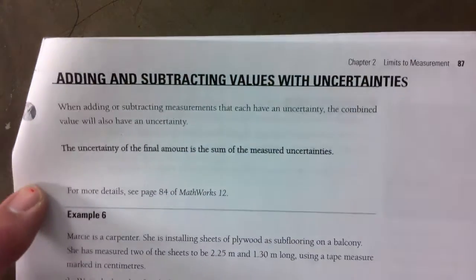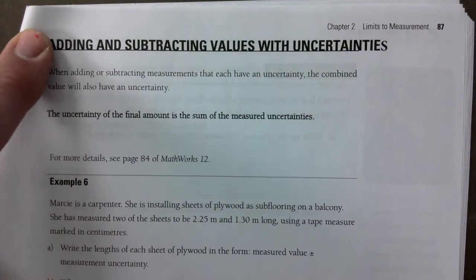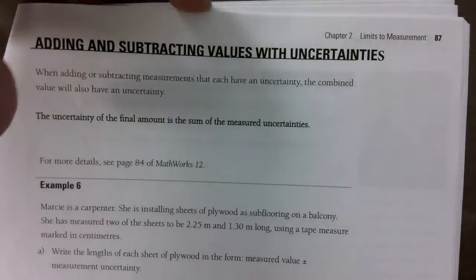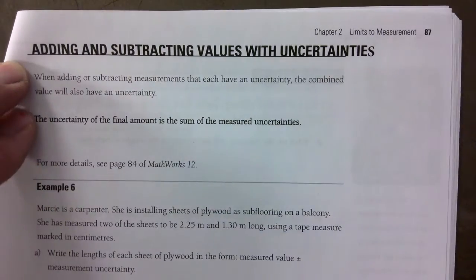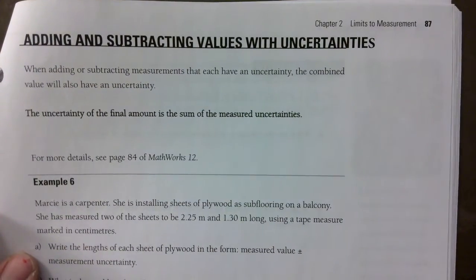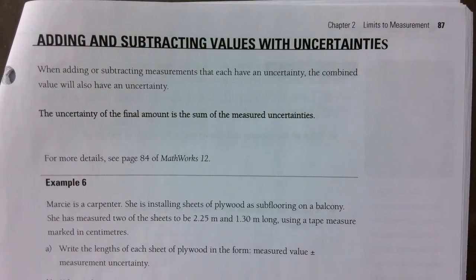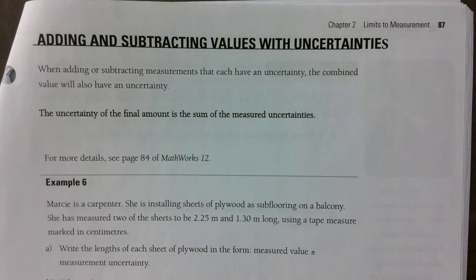All right. Now I need you to go back to your booklets for a bit, because the second page, page 15, you cannot do yet. So I'm going to get you to go to page 87 in your booklets. Today we're learning something new when it comes to adding and subtracting numbers that have an uncertainty attached to them.